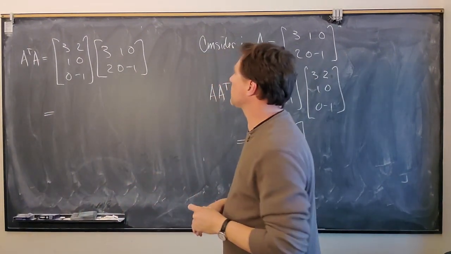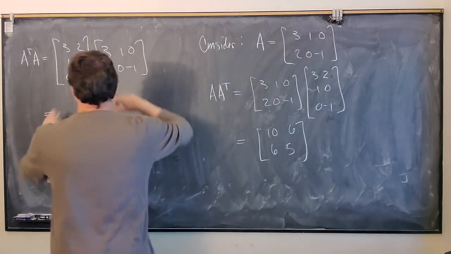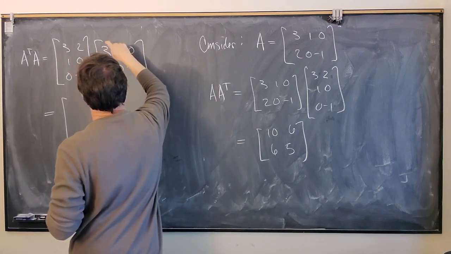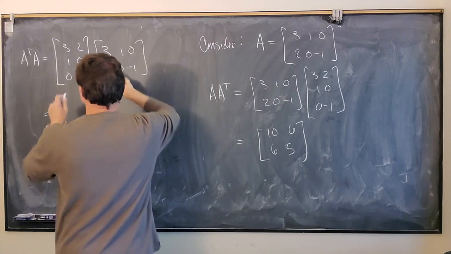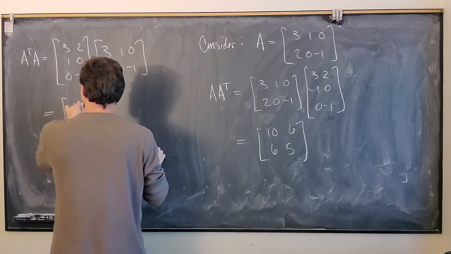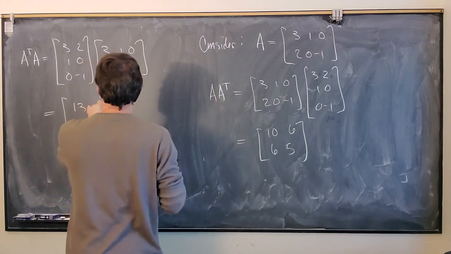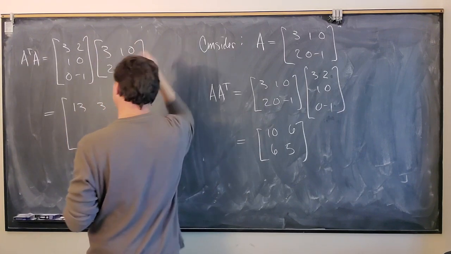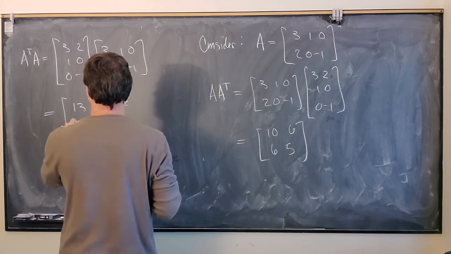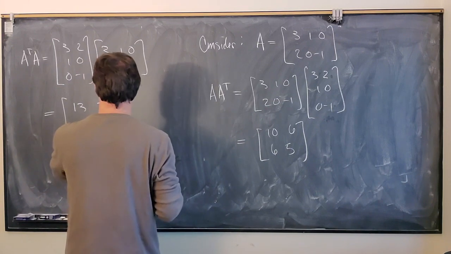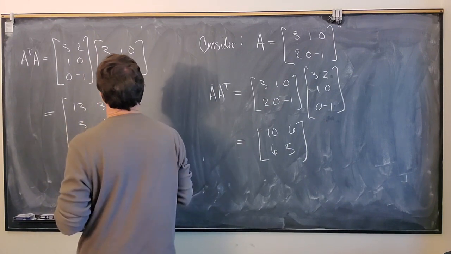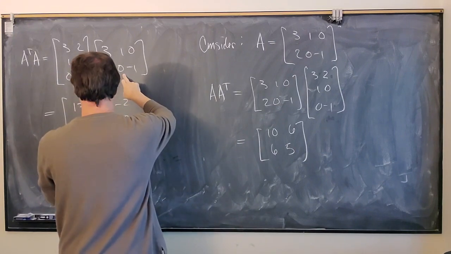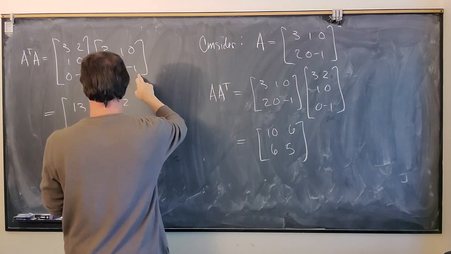So let's multiply this one out. This will give me 9 plus 4 is 13. Then I'll get a 3, then a minus 2. There's the first row. Then I'm going to get a 3, 1, 0. Then I'm going to get a minus 2, 0, and 1.